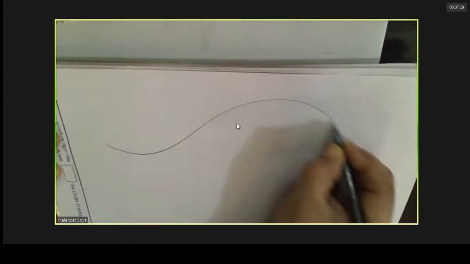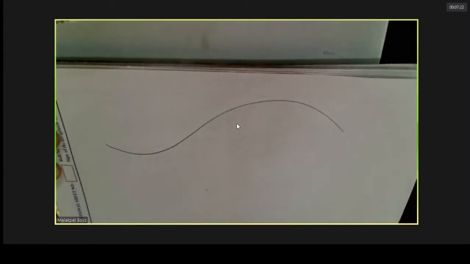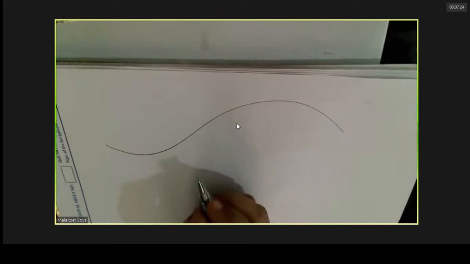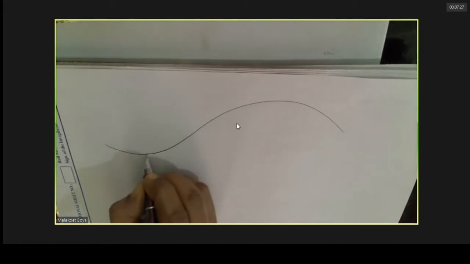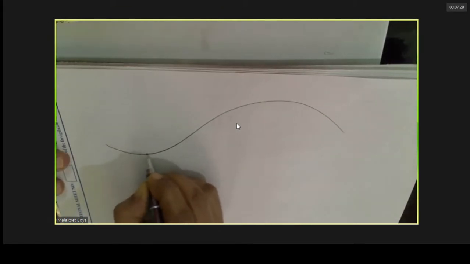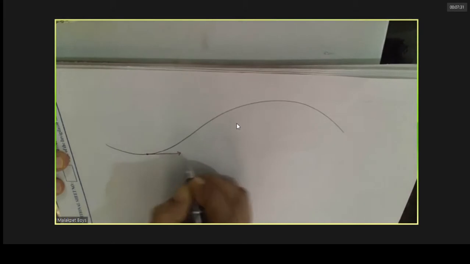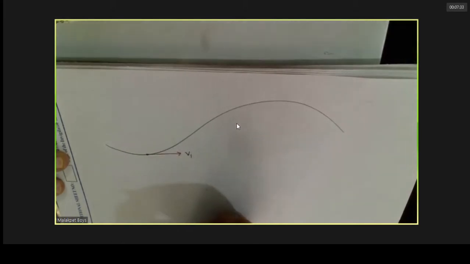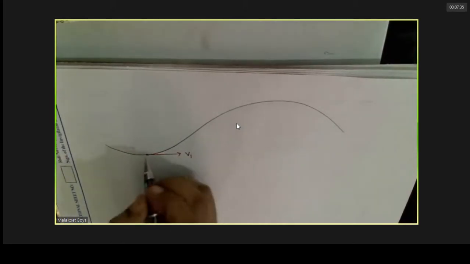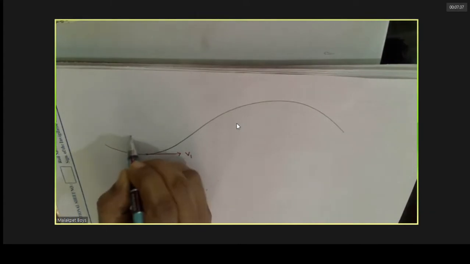See, whenever a particle is moving along a curve like this, he'll ask: find the radius of curvature. This is the point, no? This is the velocity, no? Now try to complete one circle like this.